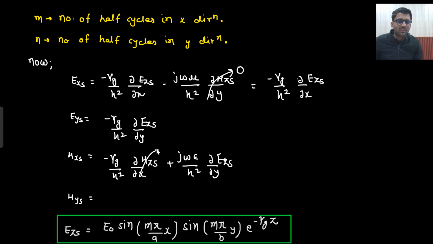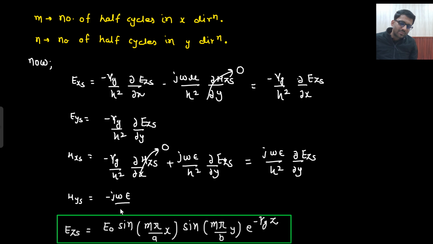But here HZS will be going towards 0, so what you will be left with is j omega epsilon upon h square del by del y EZS. Similarly for HYS, if there was a positive sign there, now here it will be negative sign. So j omega epsilon upon h square del by del x EZS, because first del by del y would come, so here del by del x would come. You should have the habit of writing down these expressions.